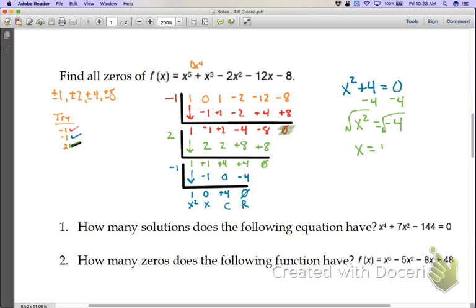Okay? But both, I need one to be a positive and one to be a negative. Do I have 5 solutions? How many solutions do I have over here? 3. How many solutions do I have over here? 2. What's 3 plus 2? Amazing.